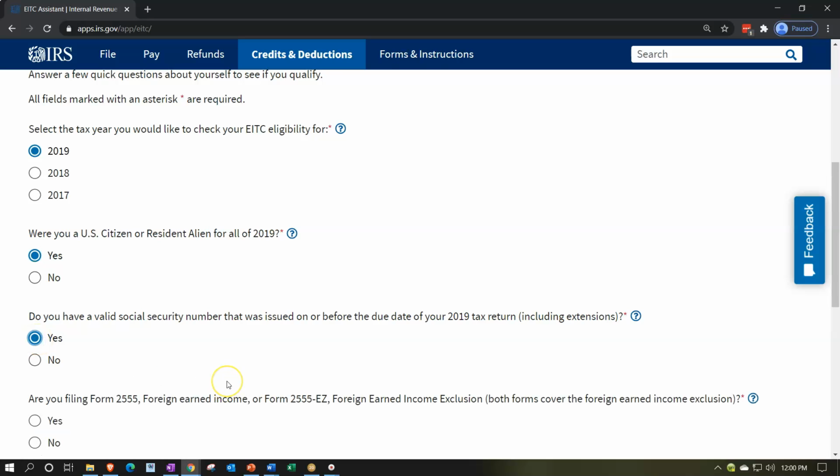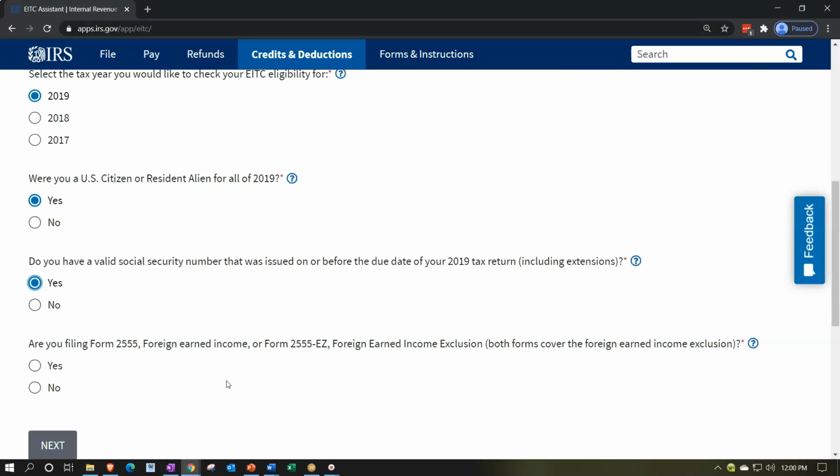If you say no to any of these, it'll obviously take you possibly on a little tangent to see if you have the other requirement that may be necessary, if there's some other requirement that could still qualify. Are you filing Form 2555 or 2555-EZ, foreign earned income exclusion?